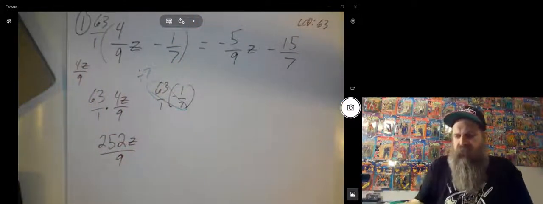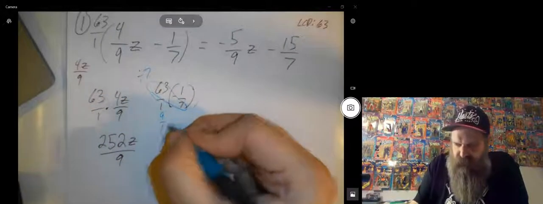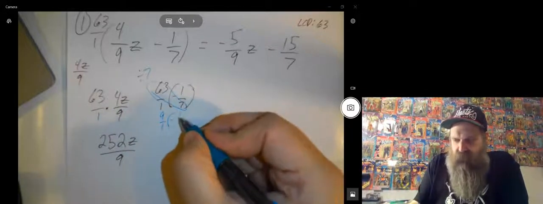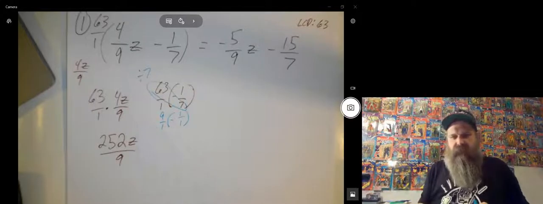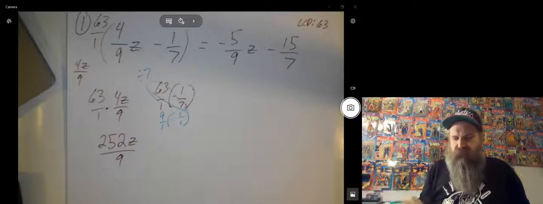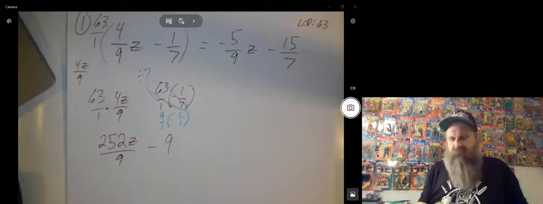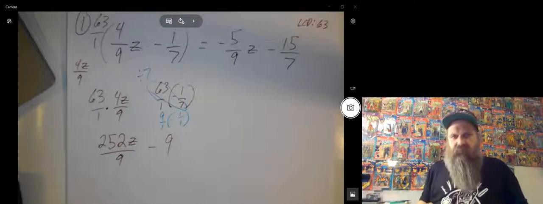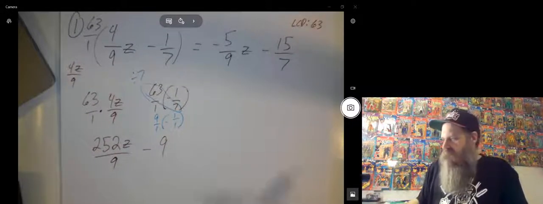And so what I really have is 63 divided by 7 is 9, times 7 divided by 7 is 1. So 9 times negative 1 will just become minus 9. So you can do that as you go, or you can do it in the next step. It's up to you.